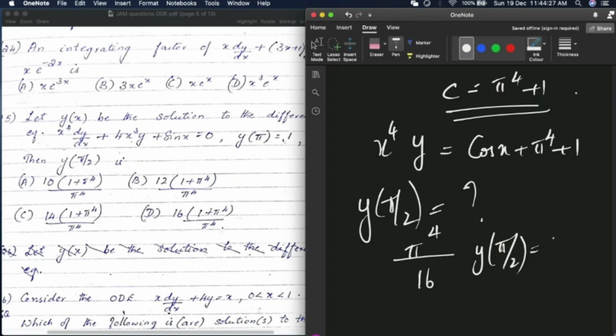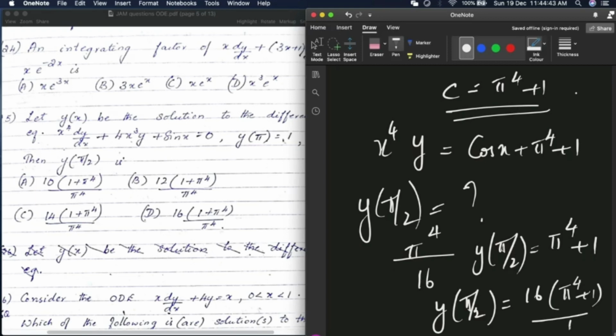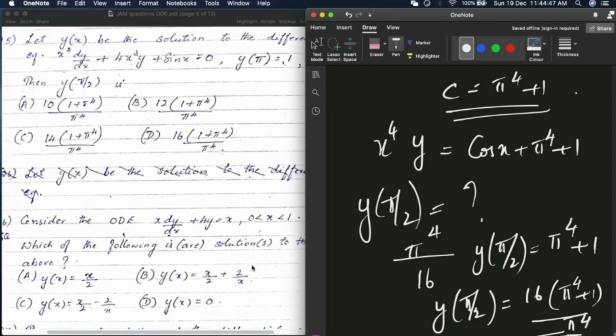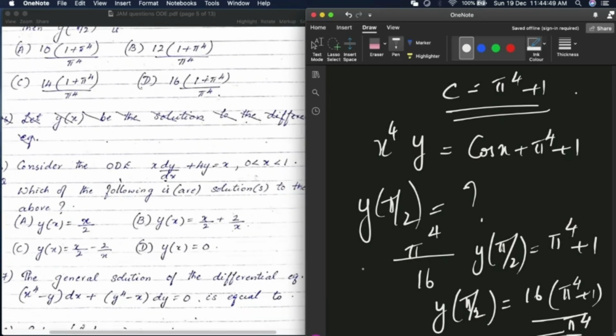Cos pi by 2 is 0. Option D. Correct. Option D, yes. 16 into pi raised to 4 plus 1. So this is D.